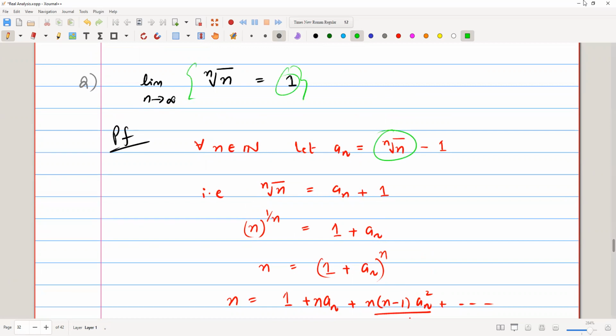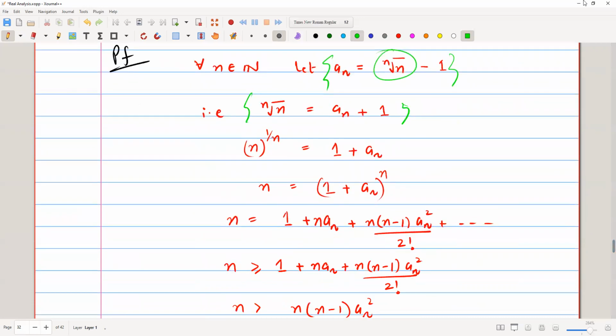All right, so again we take a_n equals n-th root of n minus 1. We call it a sequence a_n equals this thing, then this equals a_n plus 1, and if we apply the nth root on both sides, n on both sides in the power, we get n equals this thing here.